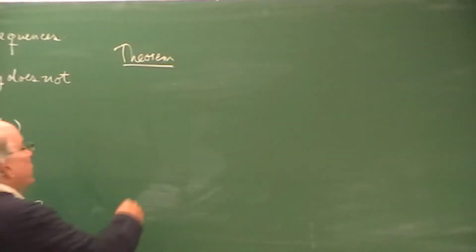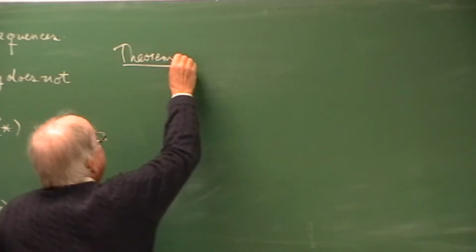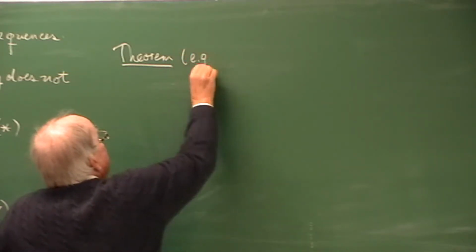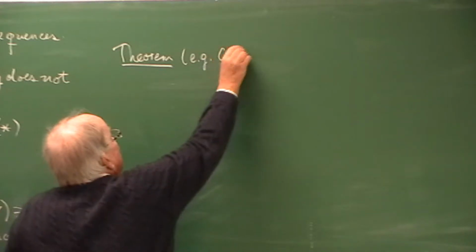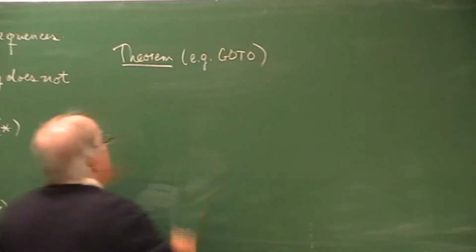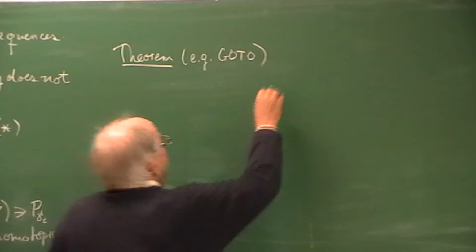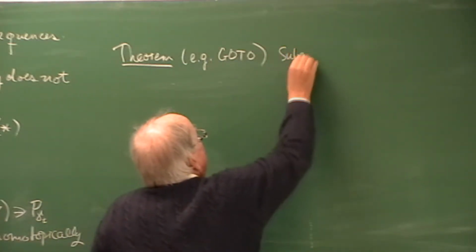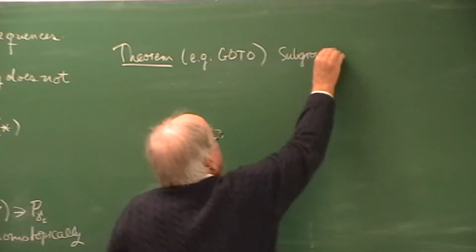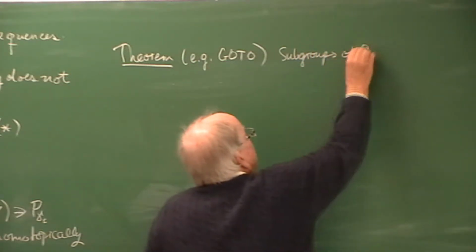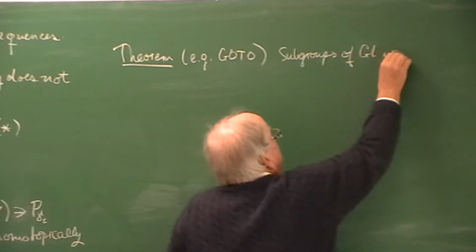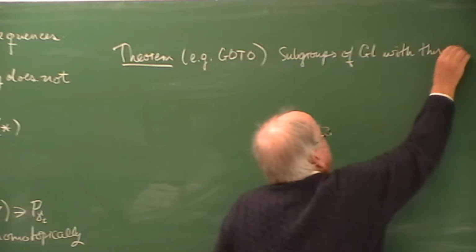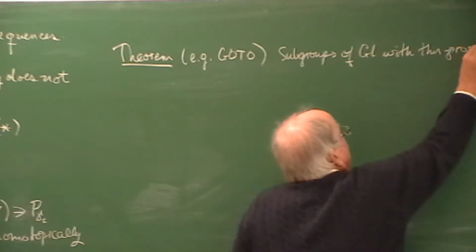The most precise proof I've seen is due to various Japanese people, e.g. in Kyoto, is that subgroups of GL with this property are Lie groups.